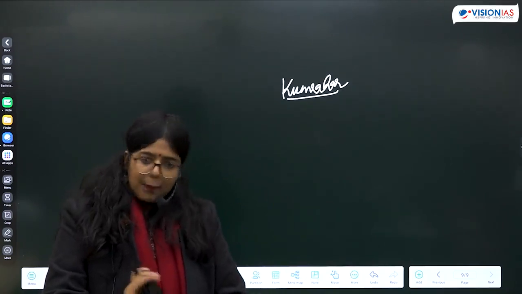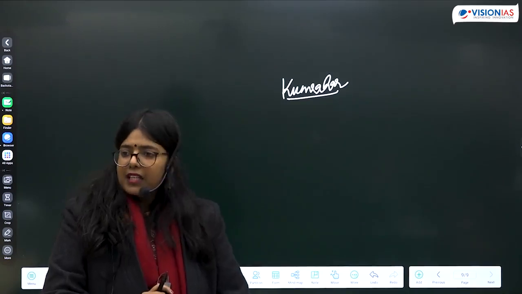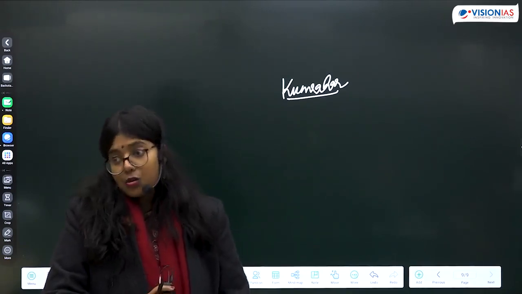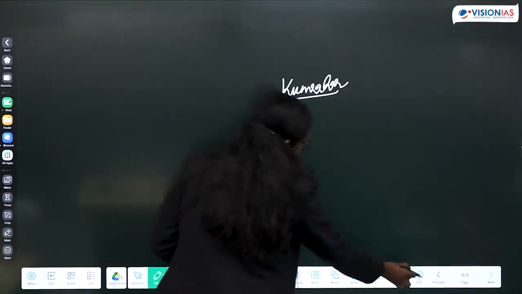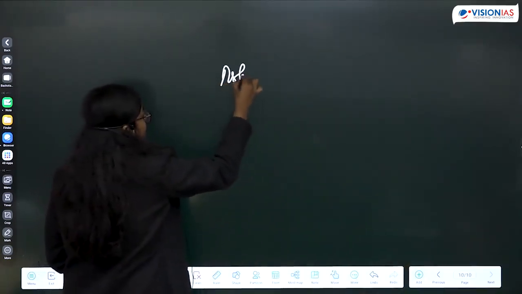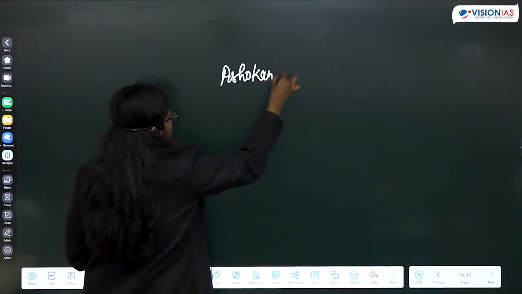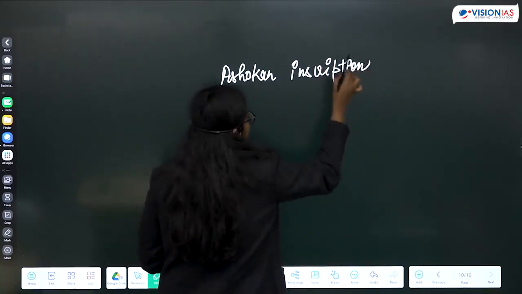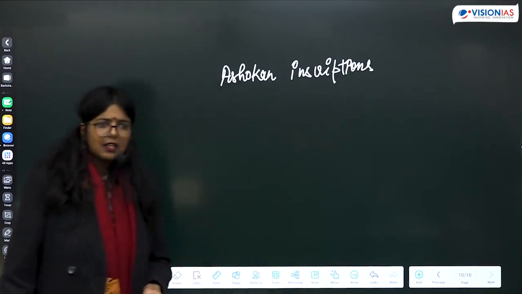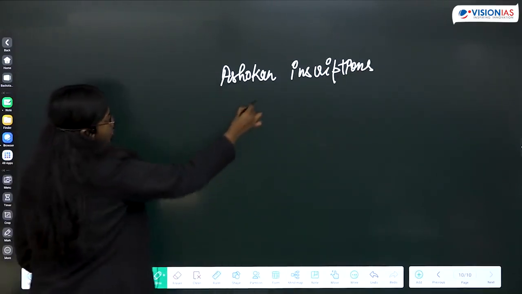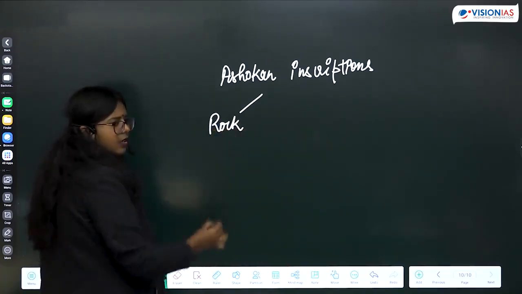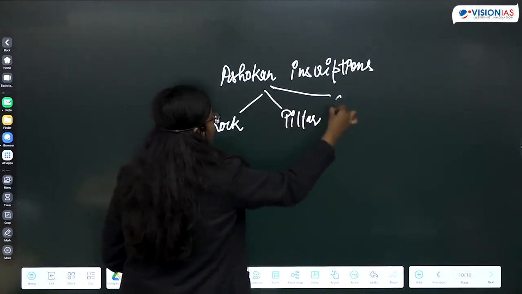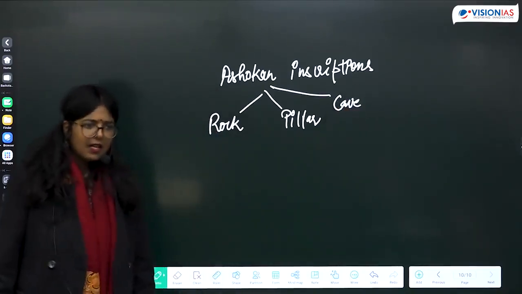When we are talking about epigraphic sources, what do we find? Inscriptions. Whose inscriptions do we find? Ashokan inscriptions. What are the categories into which these inscriptions can be divided? Rock edicts, then pillar edicts, and cave inscriptions as well.